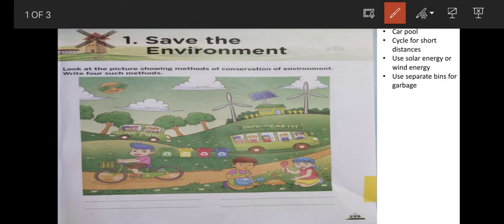So we should dispose all the different types of waste in different dustbins, like the vegetable waste, plastic waste, or different types of waste which is wet or dry. We should not dispose them together in one container or in one dustbin. So this is the fourth method, that is use separate bins for garbage.